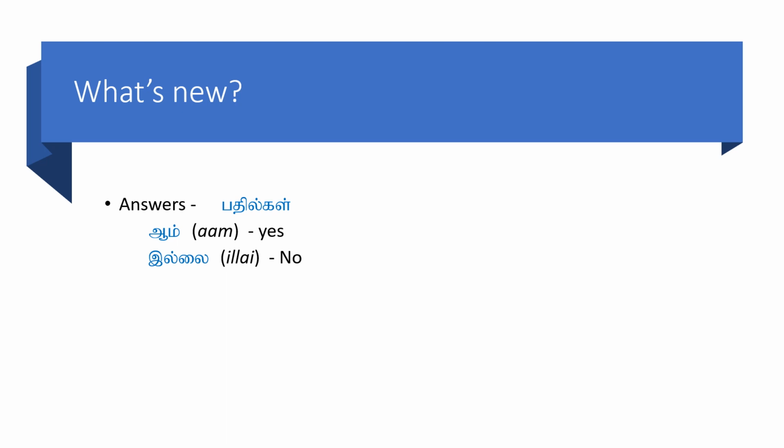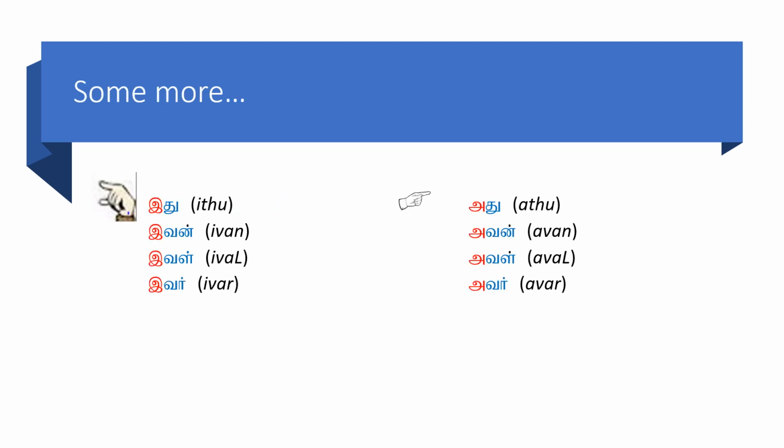So now we look at the answers to these questions. As you know, for yes-no questions, there are only two answers, yes or no. Aam is yes, illai is no. And we already learned idu and adu before. Idu to denote something closer and adu to denote something at a distance.